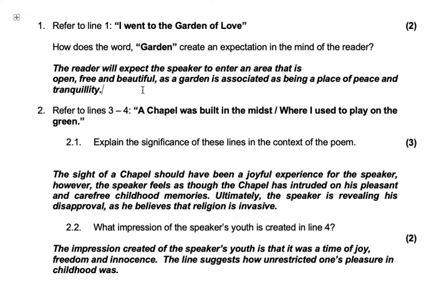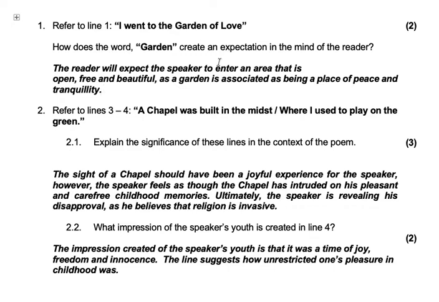The reader will expect the speaker to enter an area that is open, free, and beautiful. But now remember, guys, as I've said before, 2 marks equals 2 points or 2 sentences, right? So you can't just say that I expect that the speaker is going to enter this open, free, and beautiful place.